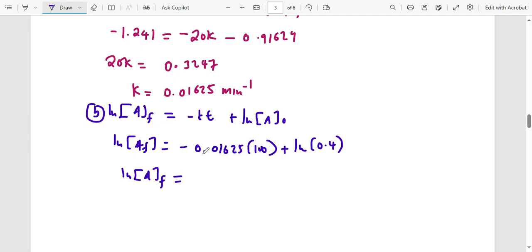Just punch it directly, negative 0.01625 times 100 plus natural log of 0.4. That will give you negative 2.541.